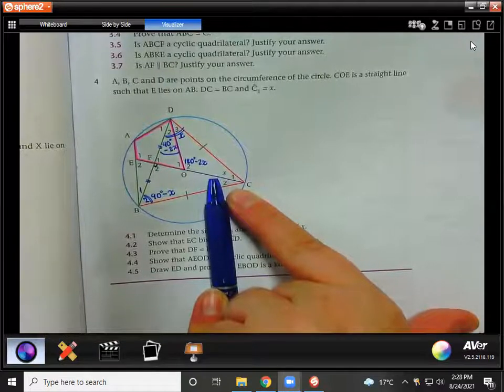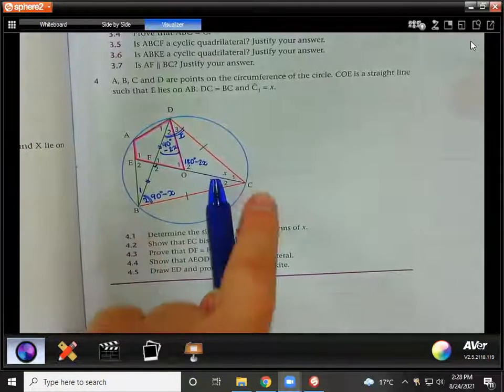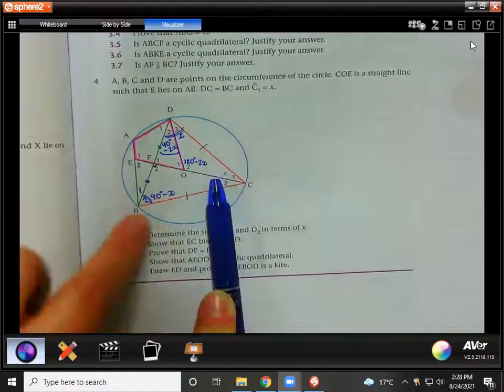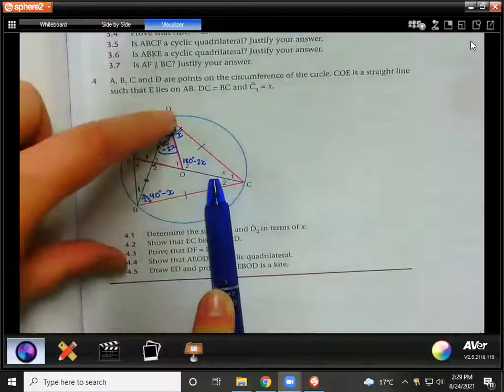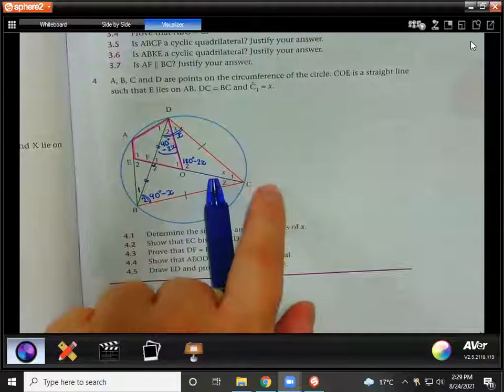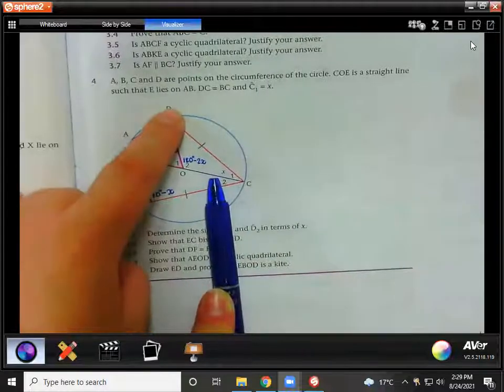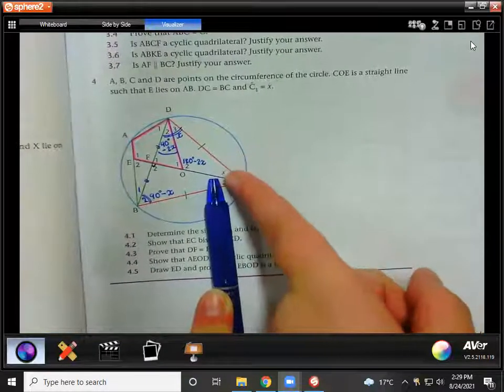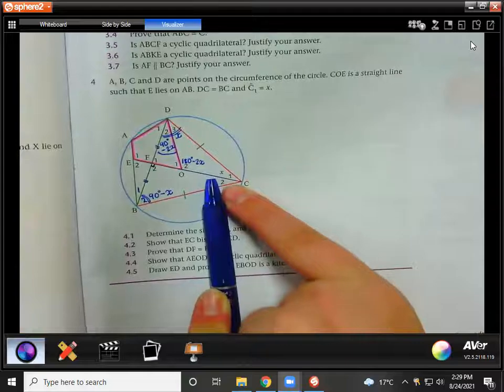Does that make sense? I'll say that again. I worked in the big triangle BCD again. I know that this angle is 90 minus x, that angle is 90 minus x. So then I can find the whole angle C. 180 minus that, but C1 is x, so then I minus that as well, so that I could get C2.